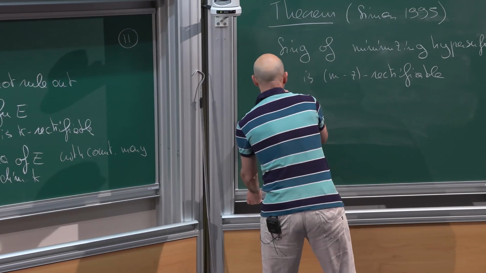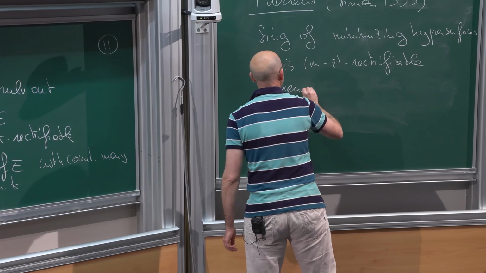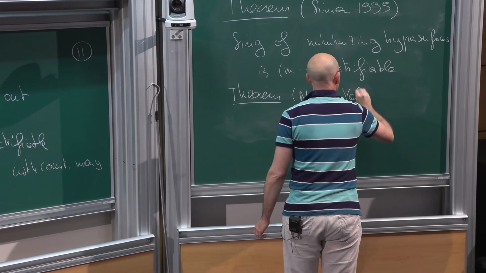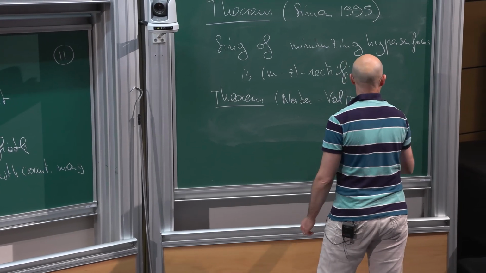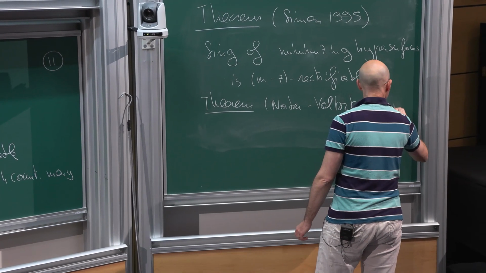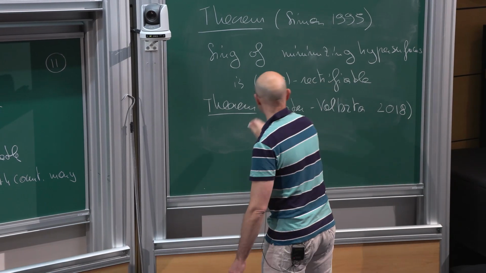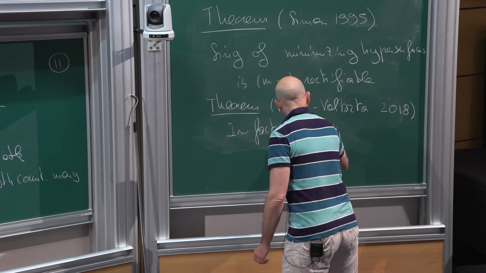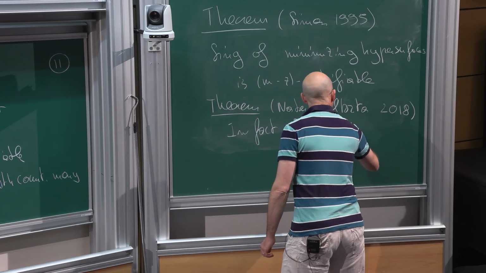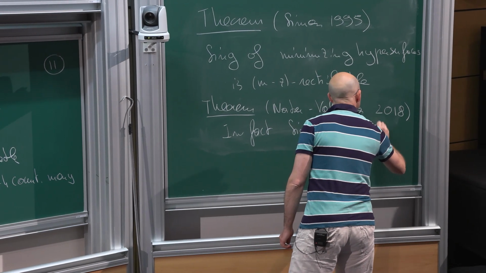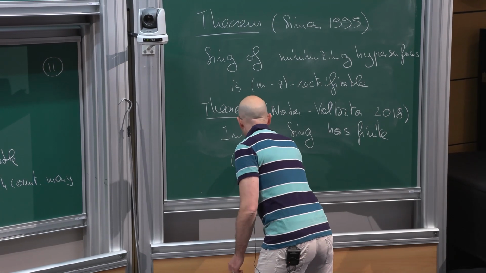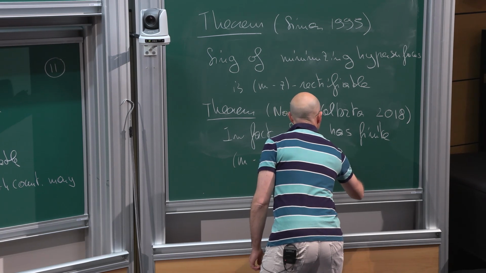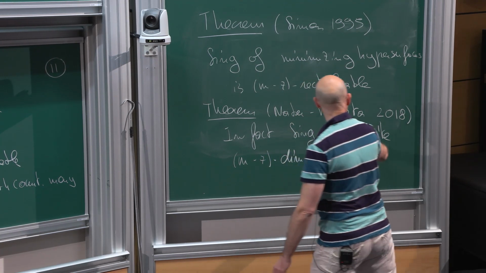But there's a beautiful theorem by Naber and Valtorta, I believe in 2018, which actually says that this singular set has finite m-7 dimensional measure, at least as long as I stay away from the boundary.